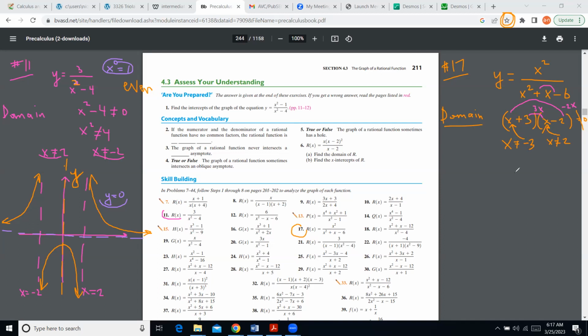So this means that we actually have a pair of these vertical asymptotes, right? So one of them is 2, and the other of them is -3.